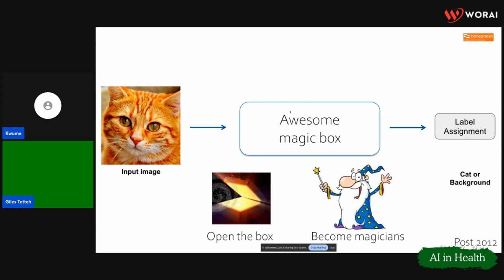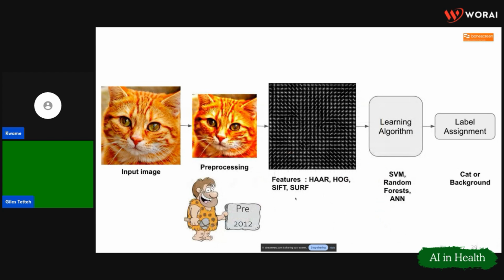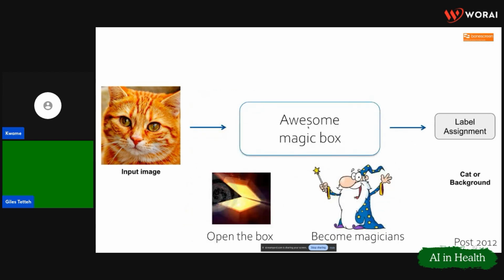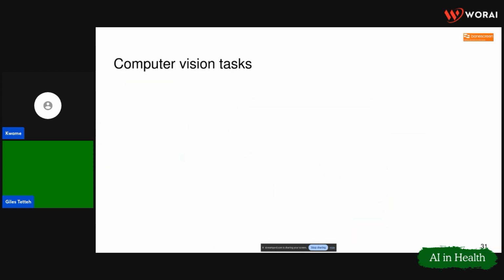What happens in here is that both pre-processing, feature extraction, and all of this are put together in our machine or deep learning algorithm. So it extracts the features by itself, and then everybody instantly became a magician. Just give me your image and I tell you what it is, which is good.